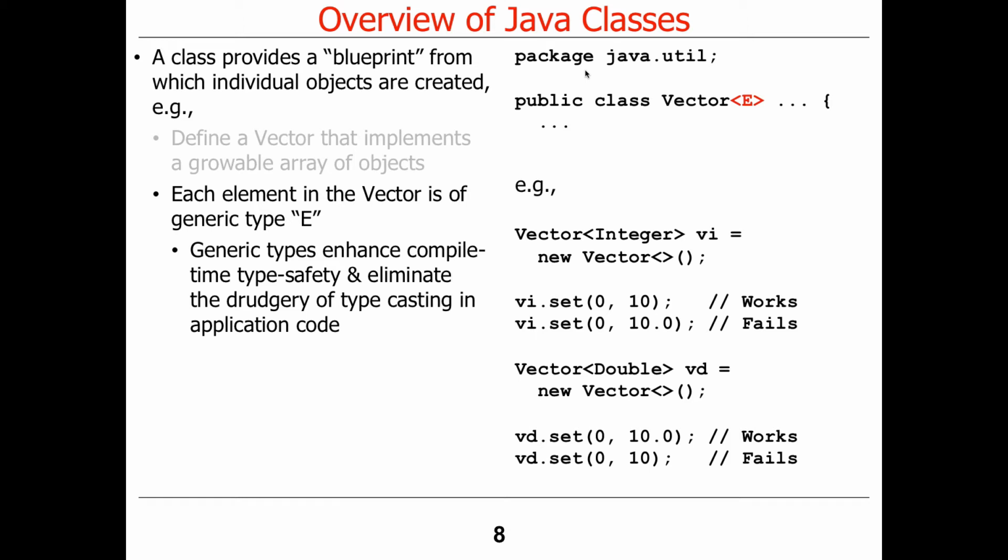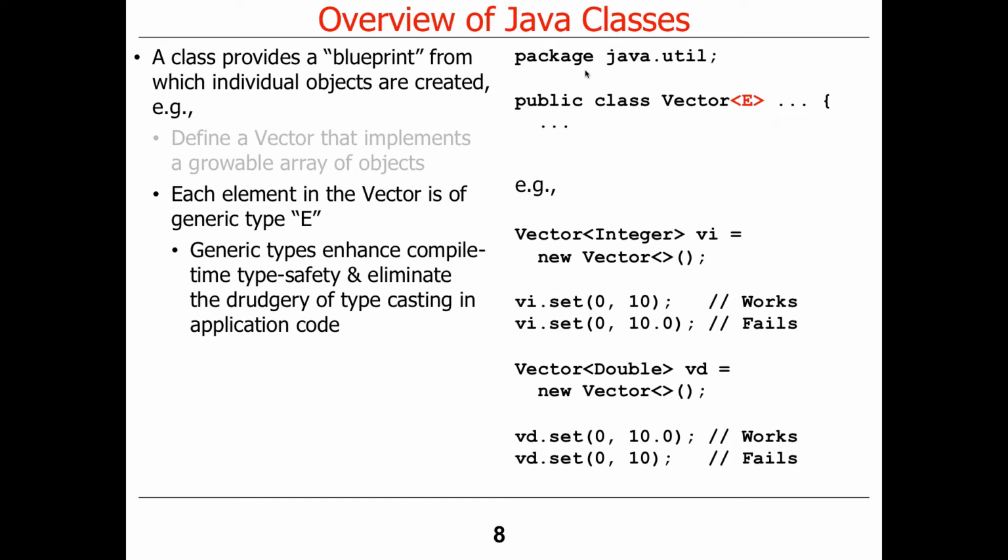That's because 10.0 is a double value, and there's no automatic conversion in Java, the way that we're using it here, between double and int, or integer. Likewise, down here, we have a vector of doubles. This time we can put 10.0, but we can't put a 10. That's a very simple example of type safety. You can't mix apples and oranges. You have to have things that are consistent.